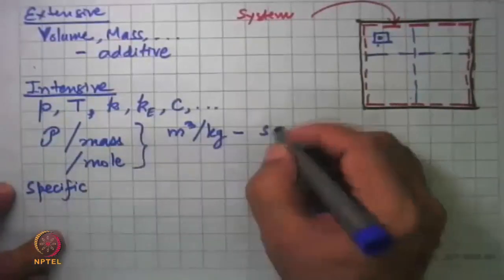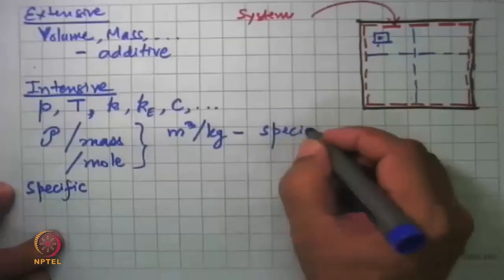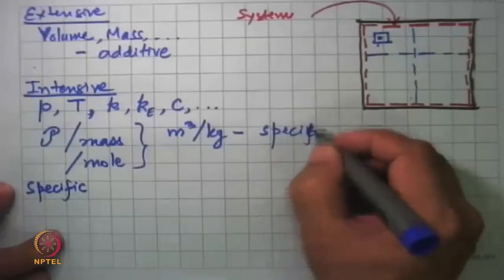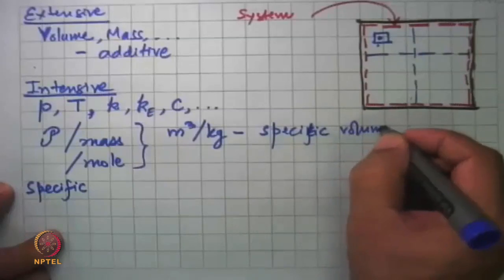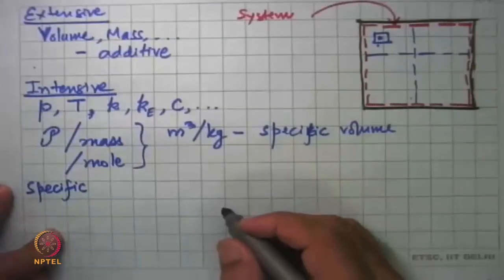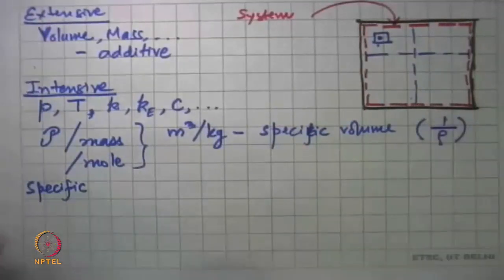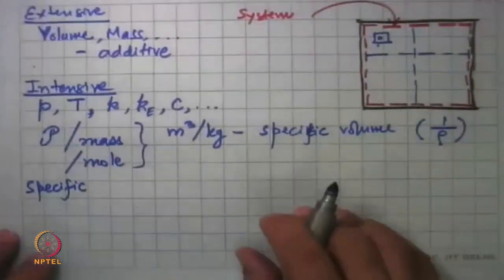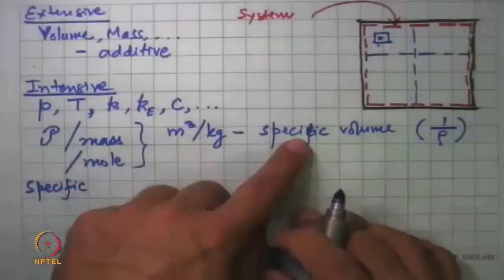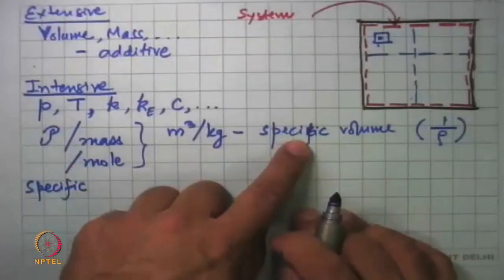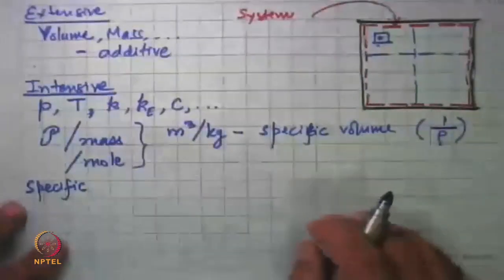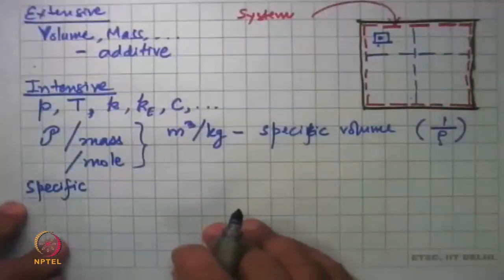So meter cube per kg will qualify as specific volume. And this is nothing but the inverse of density. We are much more familiar with density because that's what we have learned from school days. But from now on in thermodynamics, we always deal with specific volume. The two are just reciprocal of one another.